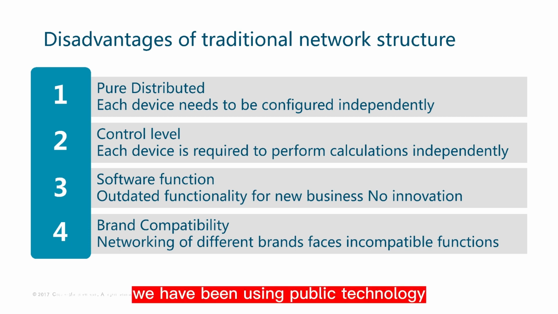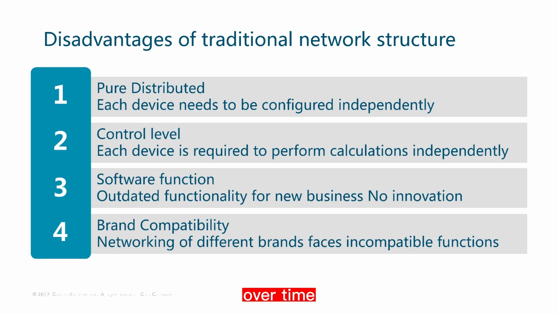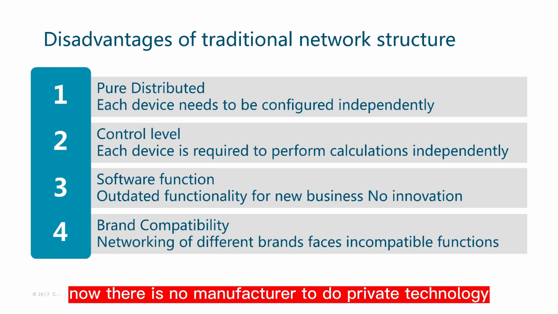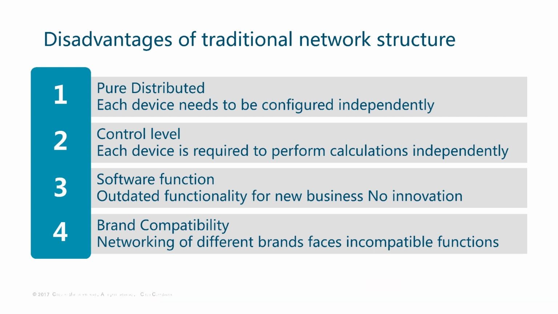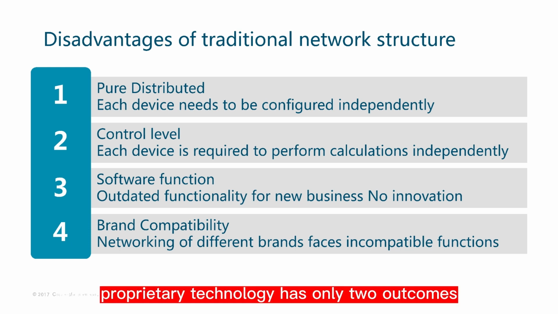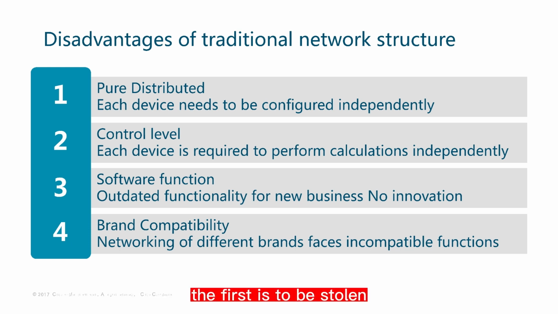We have been using public technology over time. Now there is no manufacturer to do private technology. Everyone likes to study hardware. Everybody knows proprietary technology has only 2 outcomes. The first is to be stolen. The second is useless. So it's not worth it.